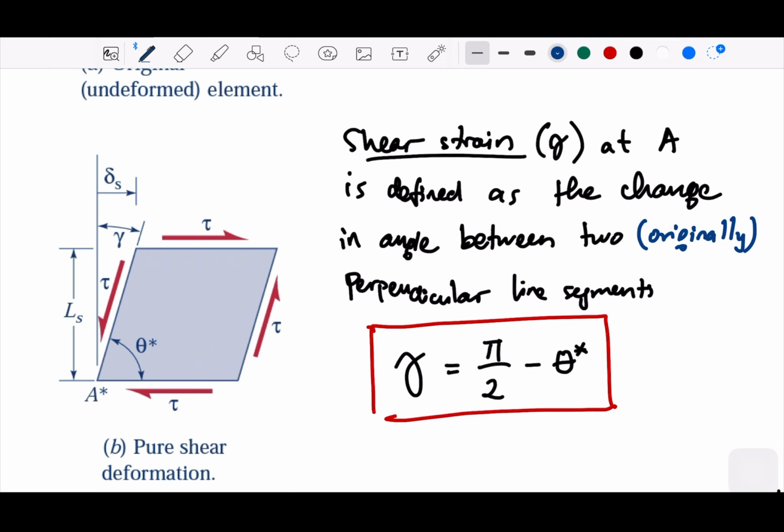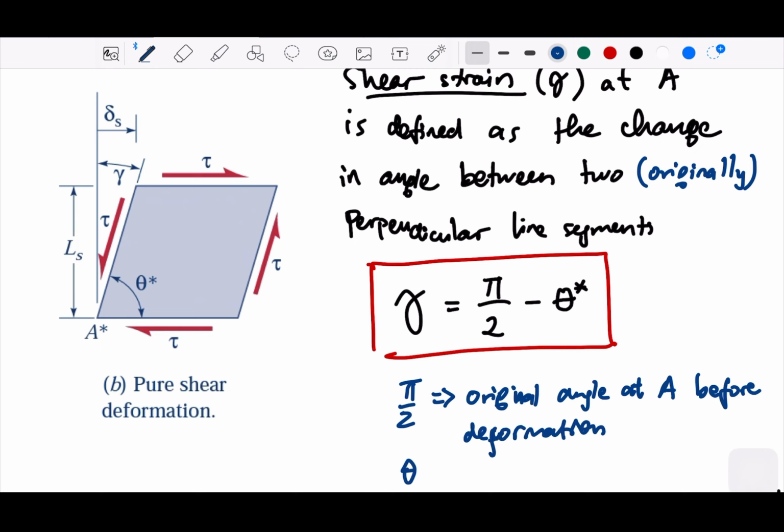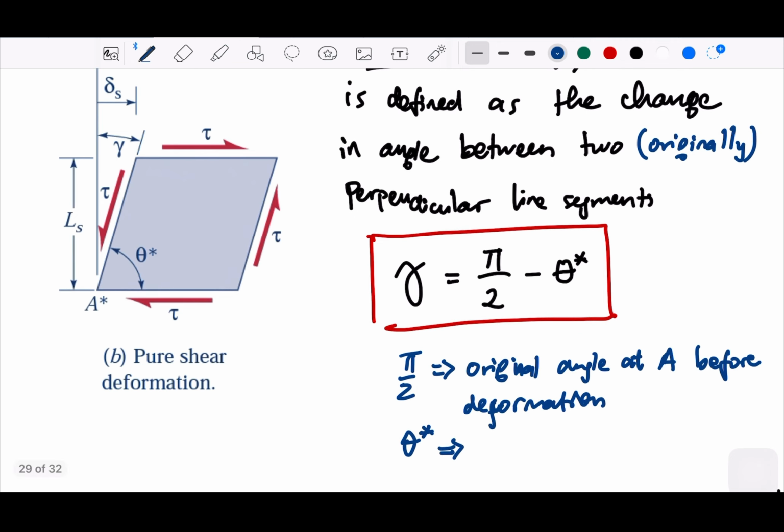So the pi over 2 means that this is the original angle, let's say at A at some point before deformation, and the angle theta with the asterisk is the angle after deformation.